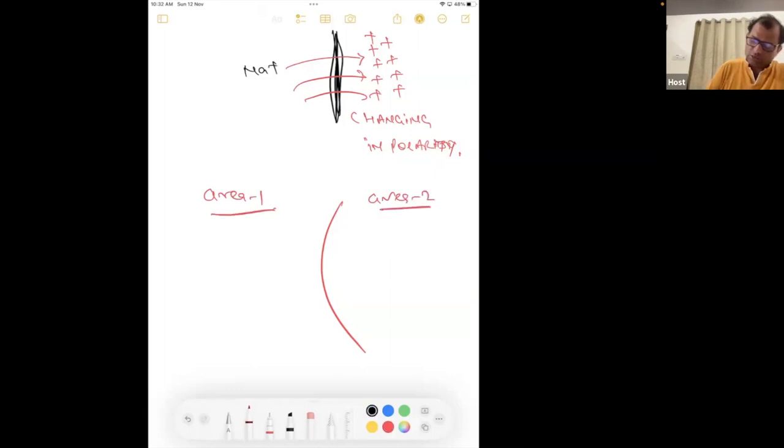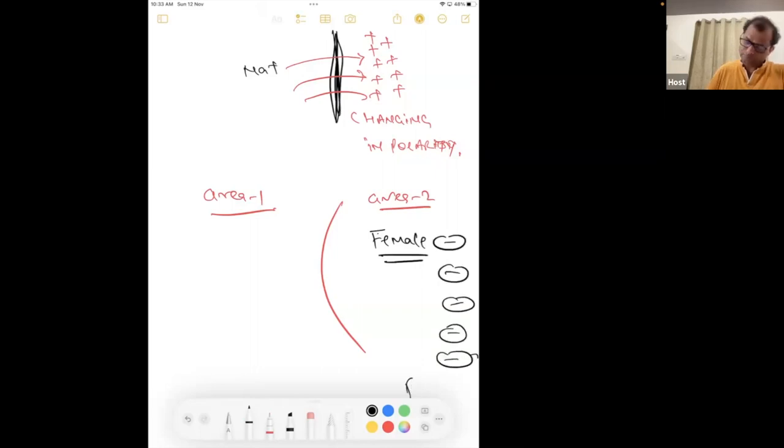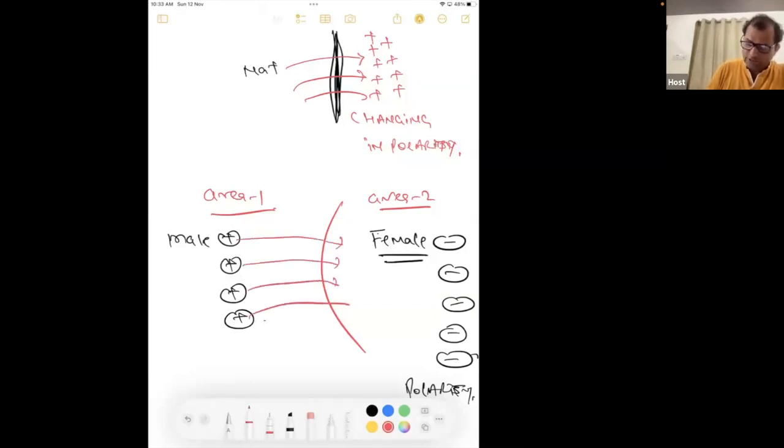In area 2, there are lots of females, and we know females, so there will be minus polarity. And in area 1, there are lots of males, so having plus polarity, right? As soon as the males go to the other side, there are too many males going to the other side, so they will bring a different type of polarity.